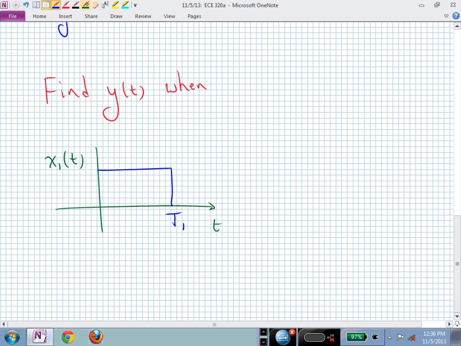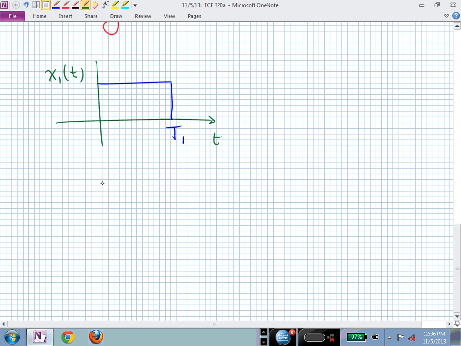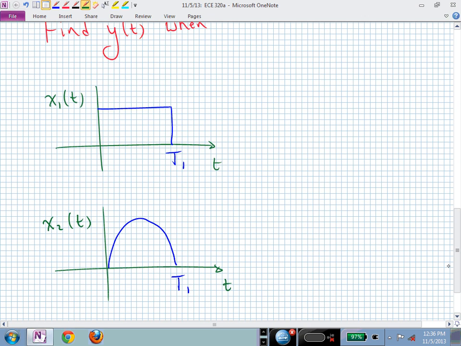Or what if I said, also find the output y of t when the input now looks more like this. Maybe this is t1, but now this is a sinusoidal pulse. Can you now model x1 of t using any of the techniques that we've discussed so far?